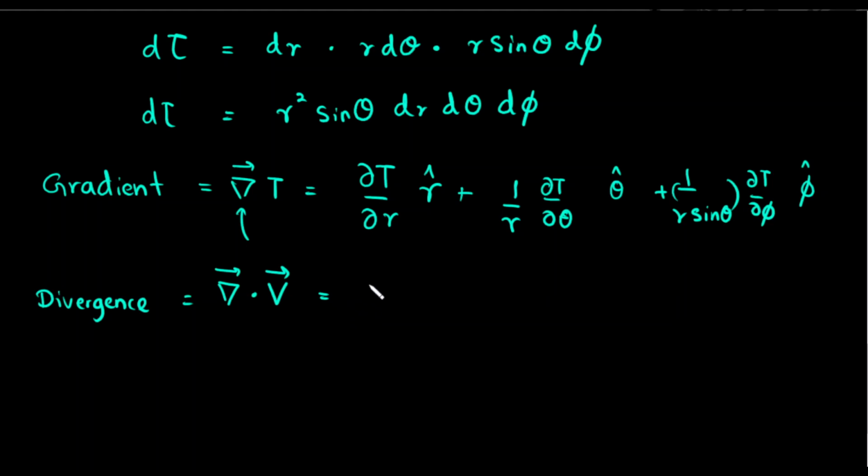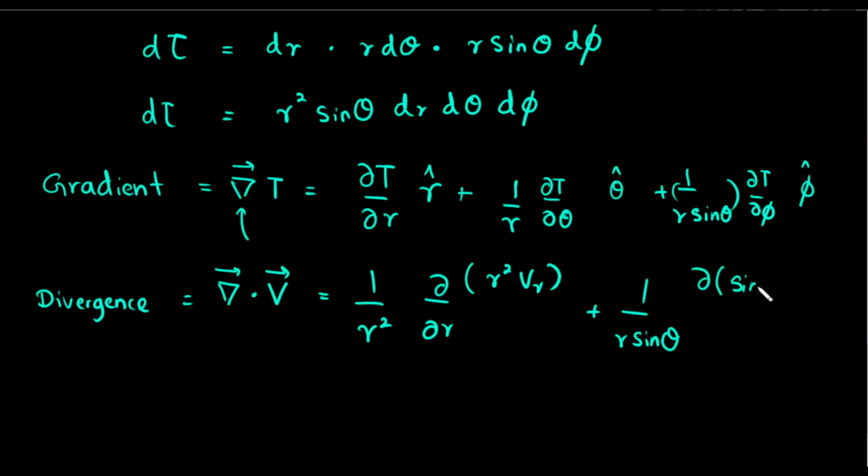So right now I'm going to write the expression for the divergence. Now we have 1/r² ∂/∂r of r² times v_r. Then we have 1/(r sin theta), the partial differentiation of sin theta times v_theta, where v_theta is the vector component of theta, so we have ∂theta here.